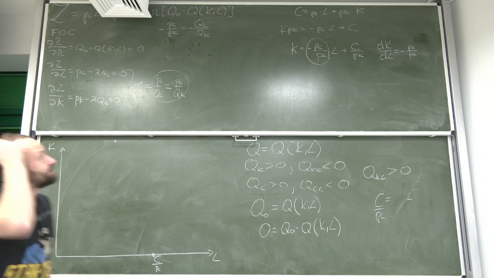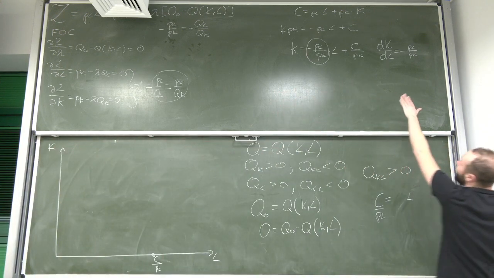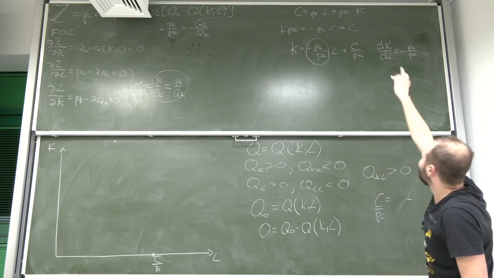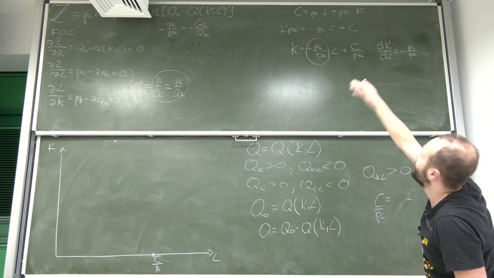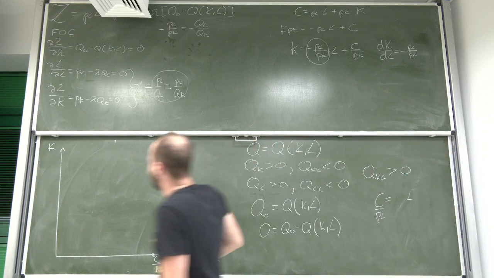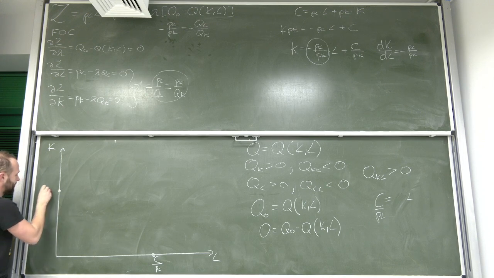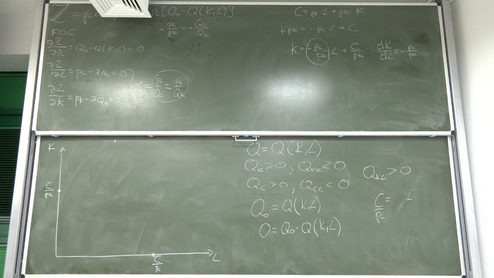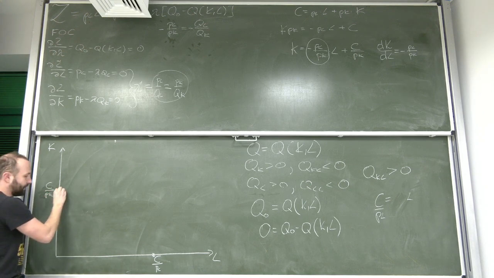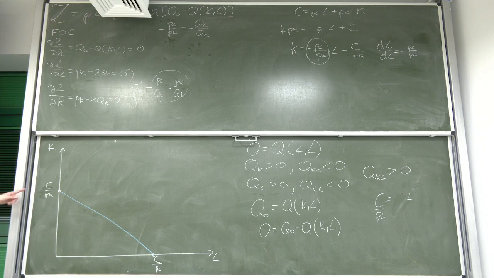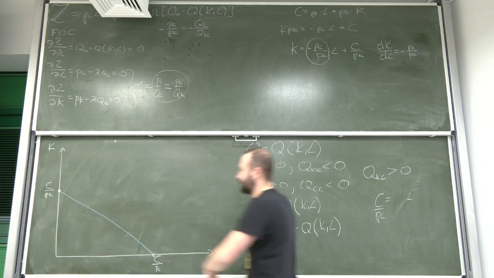And look, by the same token, if we would like to spend all the money on capital, all we need to do in order to find out how many units of capital we can get is to divide the cost by the price of capital, right? Okay, so we get here. Okay, so we get the line by connecting those two points with a straight line.